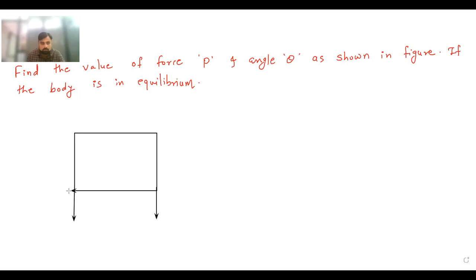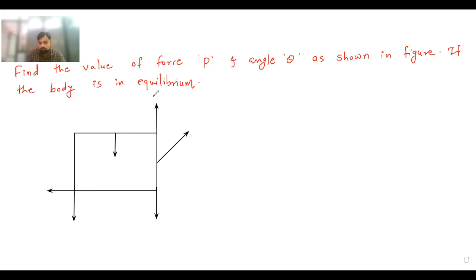Then here one more force is acting. You also draw the diagram with me. Here is one force, another force is acting like this, and then the P force, which is acting from here.